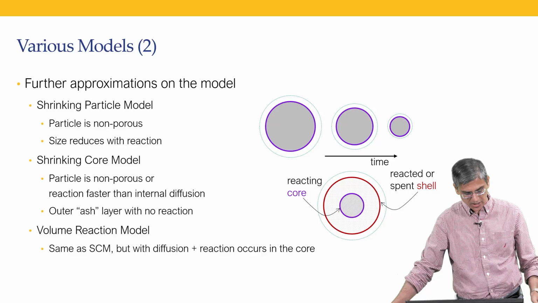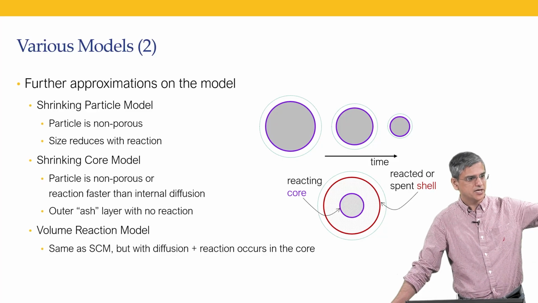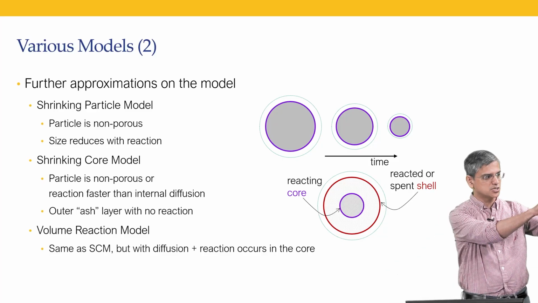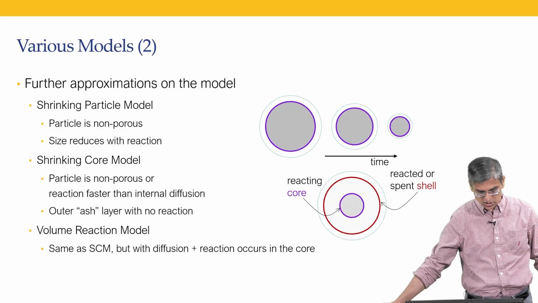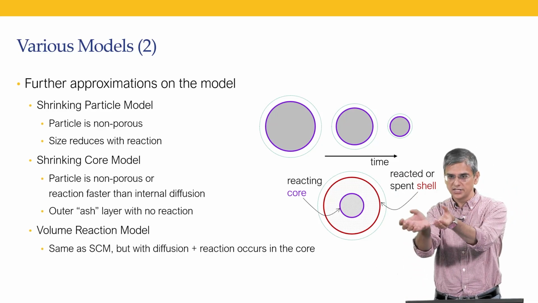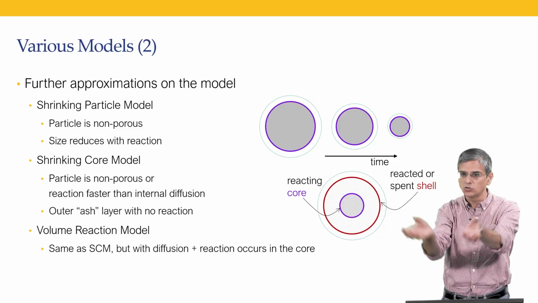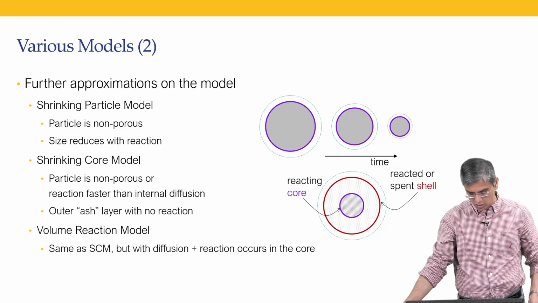Okay. So in the next class, we are going to look at the shrinking particle model, the shrinking core model and the volume reaction model. The shrinking particle model is where the particle shrinks with the reaction only taking place on the surface. The shrinking core model is where the particle is porous or non-porous, but the outer shell is porous and non-reacting.